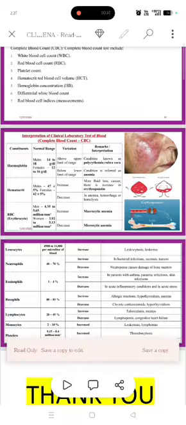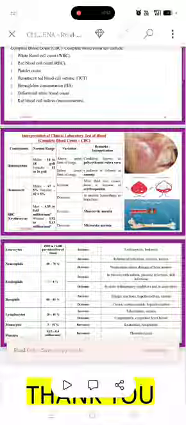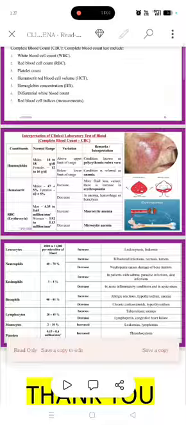Leukocytes increase in leukemia. Neutrophils increase in bacterial infection. Eosinophils increase in patients with asthma, parasitic infection, skin infection, acute inflammatory conditions and acute stress.